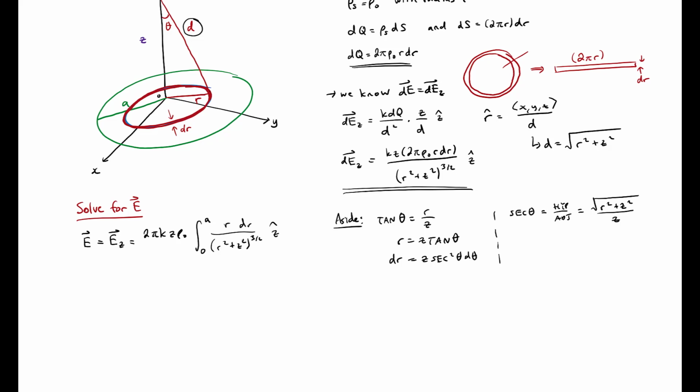So that means the square root of r squared plus z squared is equal to z secant theta. I can cube that and I get r squared plus z squared to the power of 3 over 2 is equal to z cubed secant cubed theta.